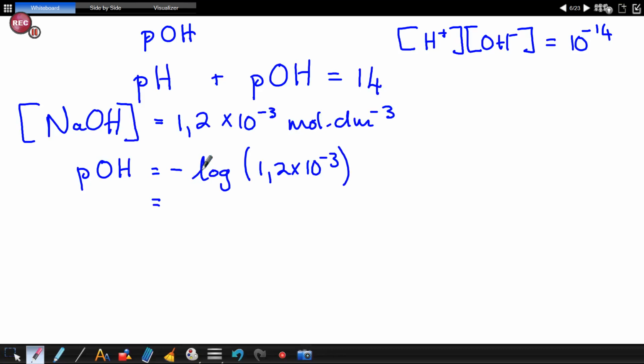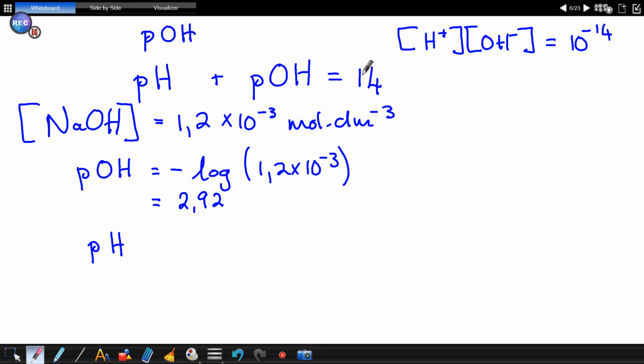Yes, negative log 1.2 times 10 to the negative 3. 2.92. 2.92 is the pOH. What's the pH? What is the pH if the pOH is 2.92?